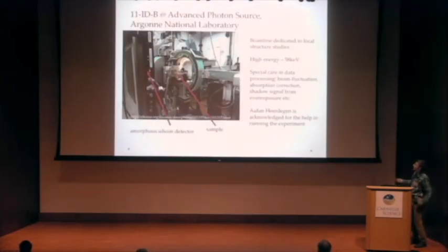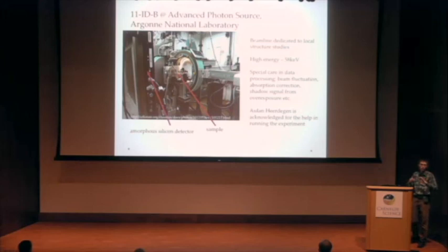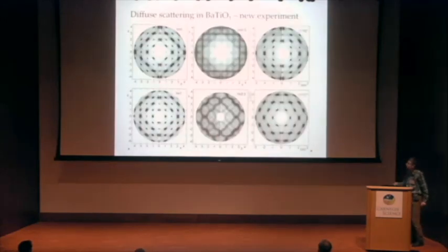And okay, so that's our experimental setup. The experiment was done at Argonne at the 11-ID-B line with high-energy X-rays, and the sample was somewhere here, rotating so that we can collect the whole reciprocal space. There is an amorphous silicon detector for the diffuse scattering, and here are the results.